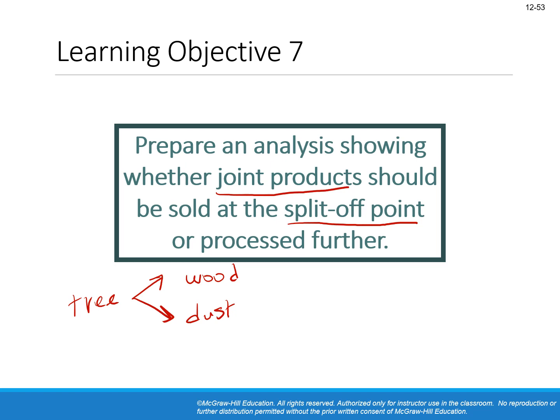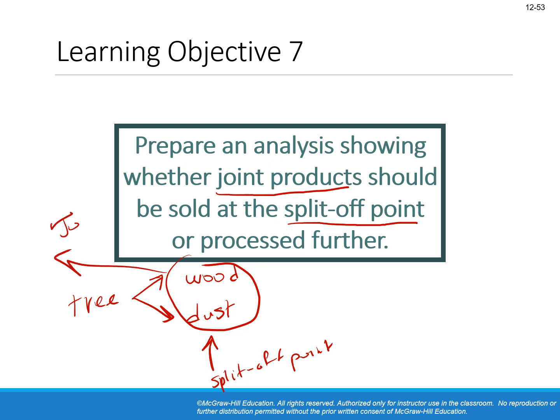You can sell those 2 products at this point, which is called a split-off point. And those 2 products together are called joint products. Or you can process them further.